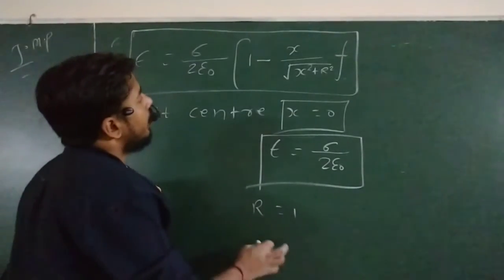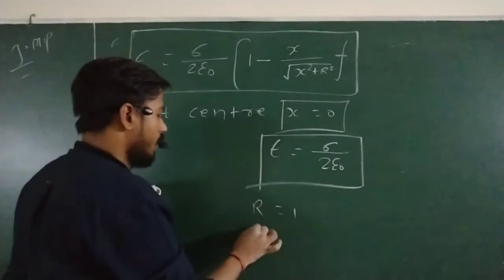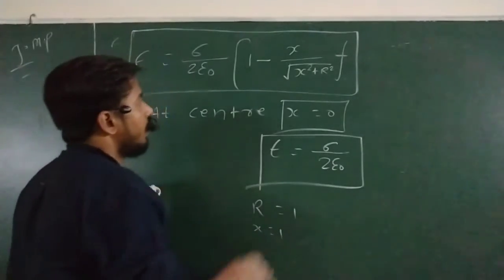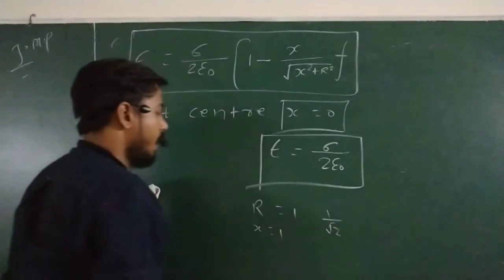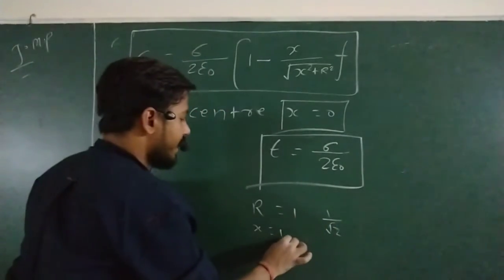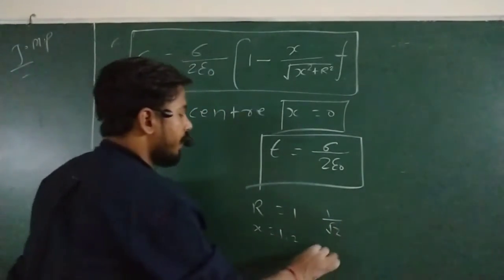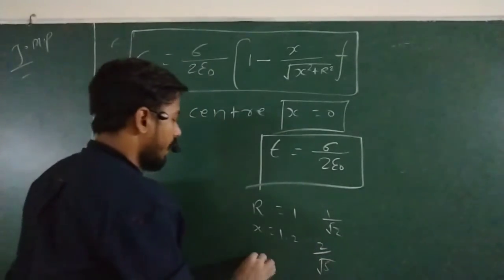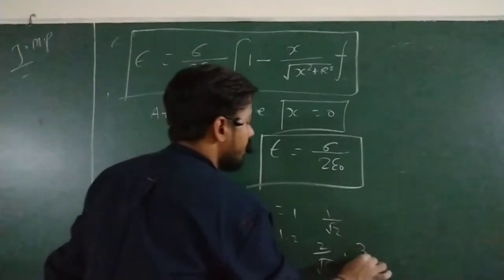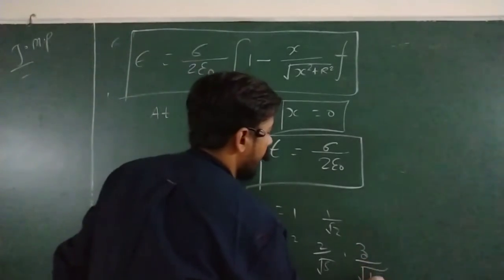And x, we can take 1, suppose x equal to 1. So this becomes 1 by root 2, okay. Now suppose x equal to 2. So this becomes what? 2 by under root 5. Right? Now take x equal to 3. So this becomes 3 by under root 10.